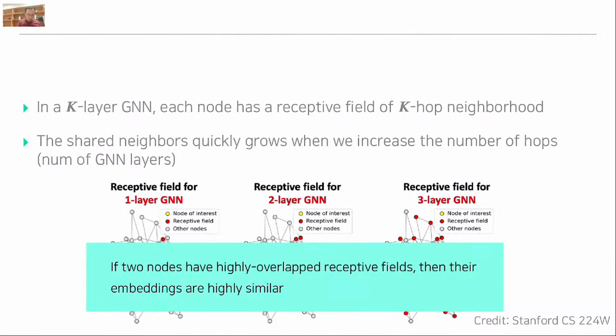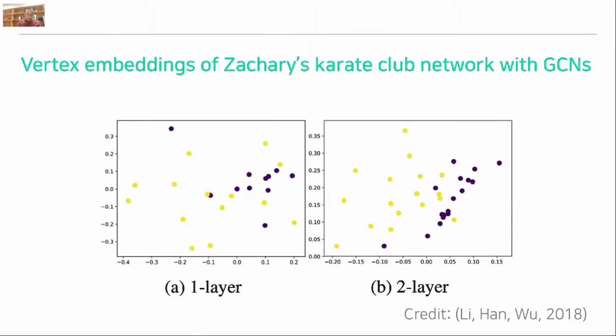That is a problem. In other words, if two nodes have highly overlapped receptive fields, then their embeddings become highly similar. So this is the visualization from the GCN on Karate Club.